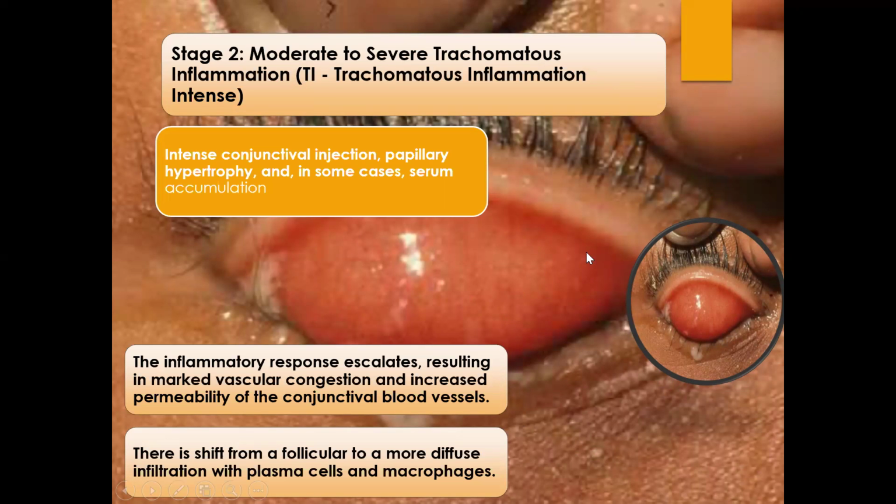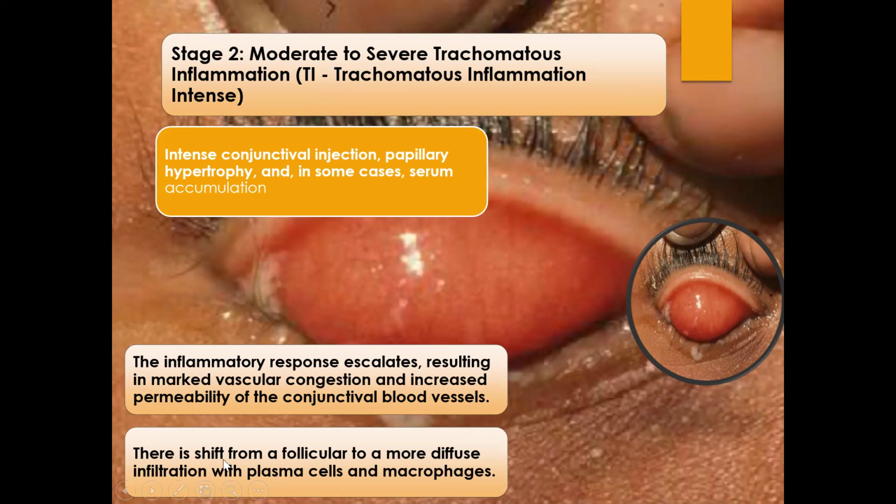As such, there is a shift from follicle formation, you can no longer see the follicle now, to a more diffuse irritation with plasma cells and macrophages being found here. Also, some inflammatory cytokines such as tumor necrosis factor alpha, interleukin-1 and interleukin-6 lead to recruitment of more immune cells, which continues to worsen the swelling.